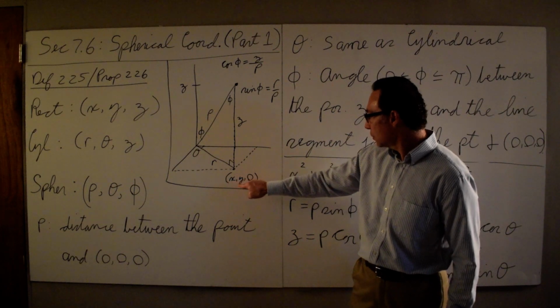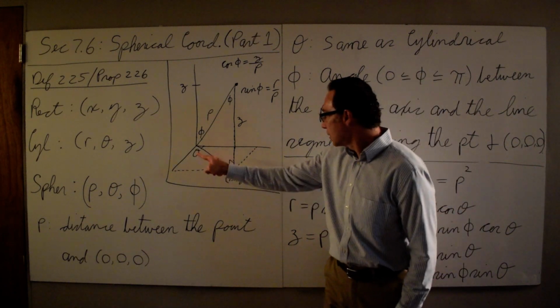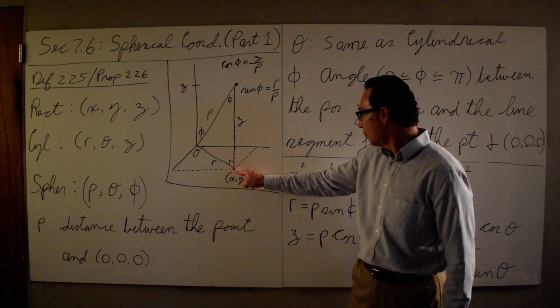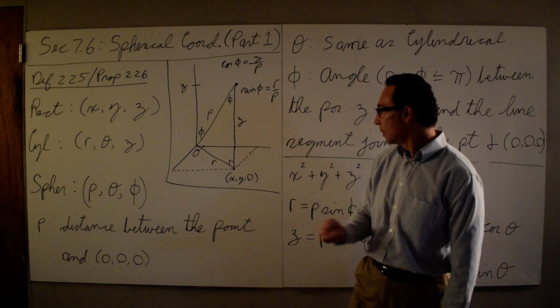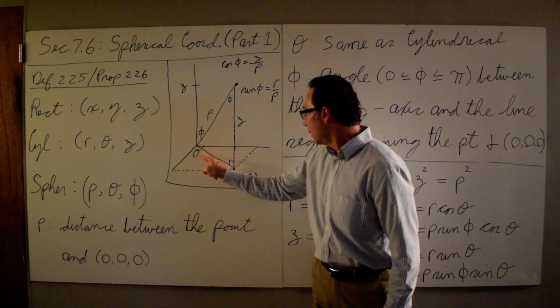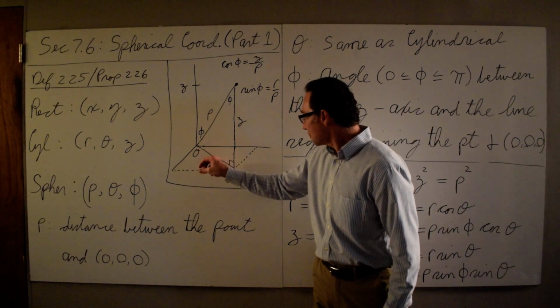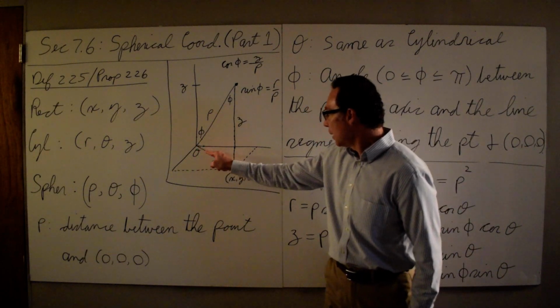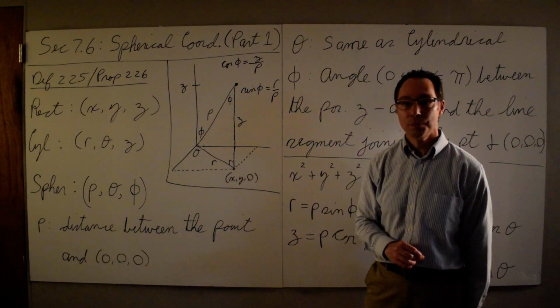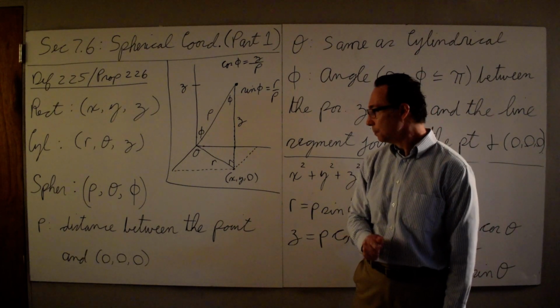So this is the point x, y, 0. And so we have r coming out from the origin to x, y, 0. This part here is in the xy plane. And theta right here is the angle that this segment here makes with the positive x-axis. That's what our theta is.